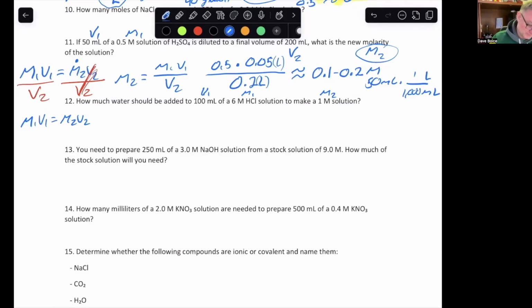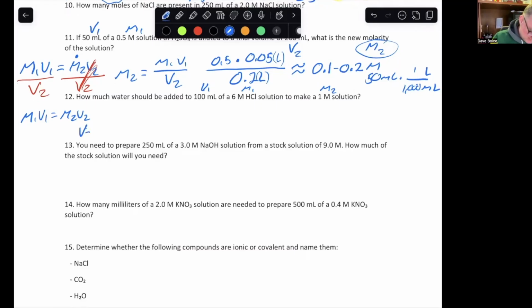So let's rewrite it. V2 is equal to M1V1 divided by M2.